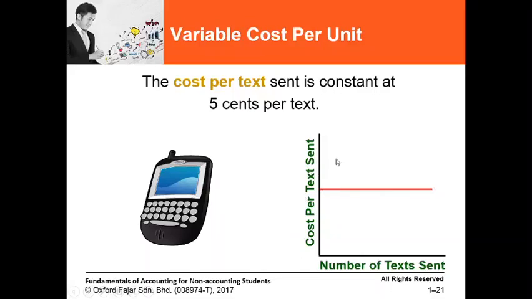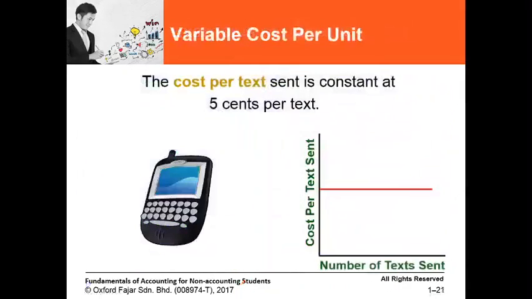Okay, so please remember and don't be confused with the graph here. This is cost per text sent, meaning to say an individual cost for one message. Therefore, if you send 1 message here, 1 message equals 5 cents. If you send 100 messages here, 1 message still costs you 5 cents.